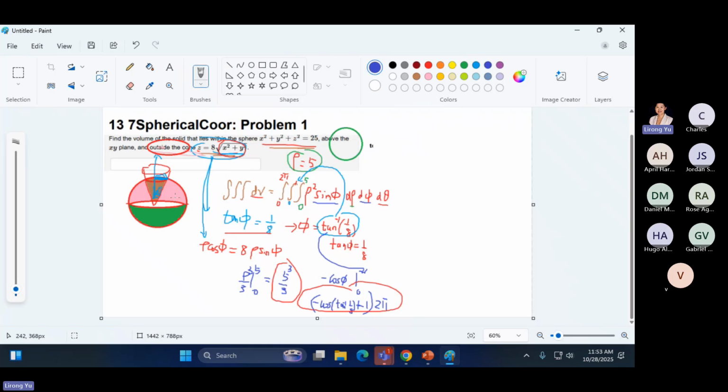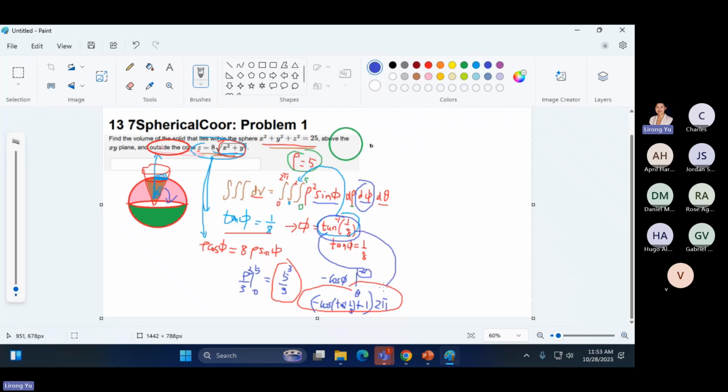It's outside the cone, so the angle is no longer, so phi is not from 0 to tangent inverse here. It's actually from tangent inverse all the way to pi over 2. So we should fix this by changing the integration limit.